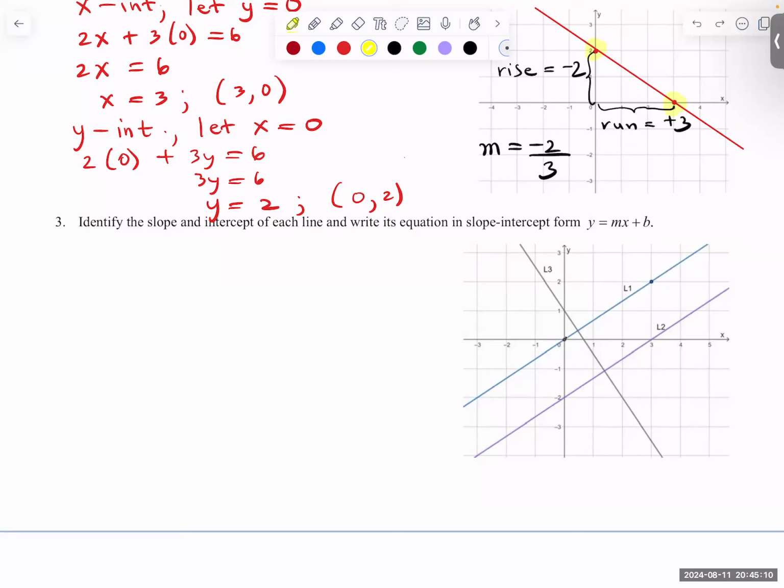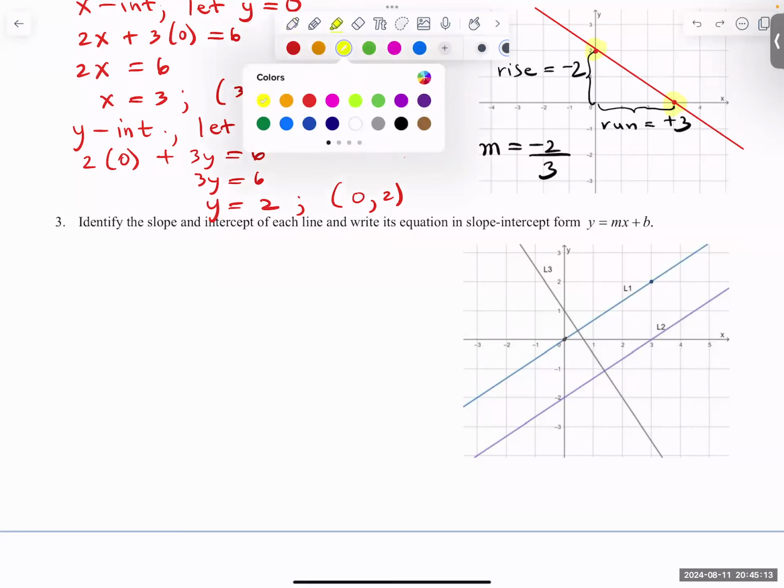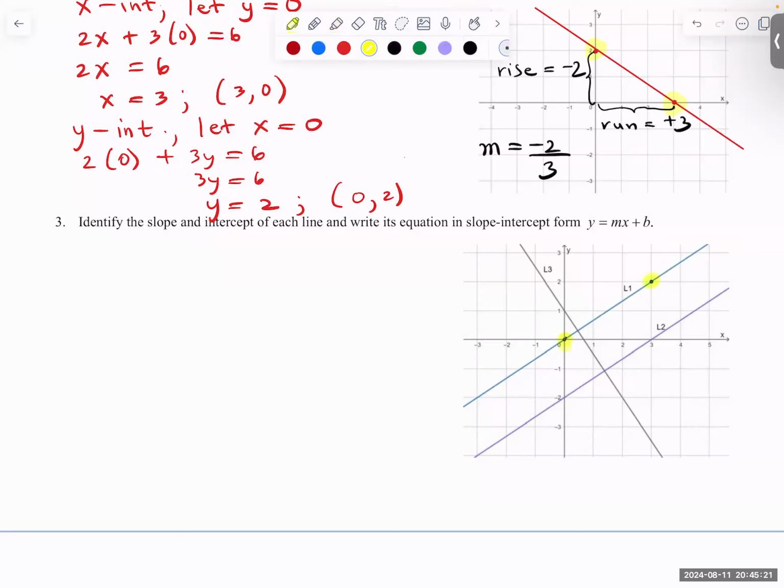And let's highlight using yellow a second point. It's graphed a little darker. It's 3, 2.